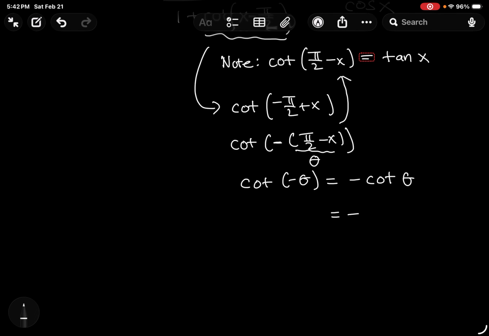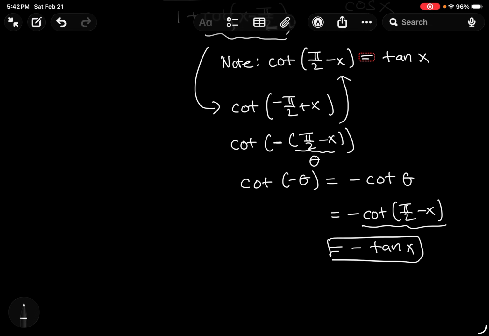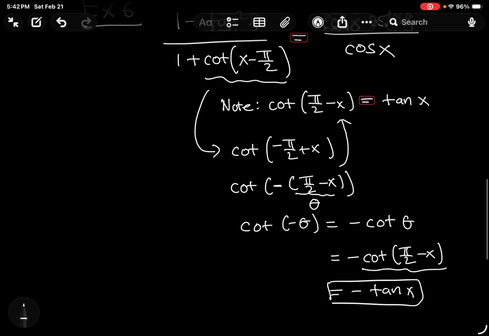Well, theta was this. Let's substitute that. That's pi over 2 minus x, and that is just tangent x. So I went through a long, lengthy process to prove to you that cotangent of x minus pi over 2 just equals negative tan x. It's not tangent x, it's negative tan x.